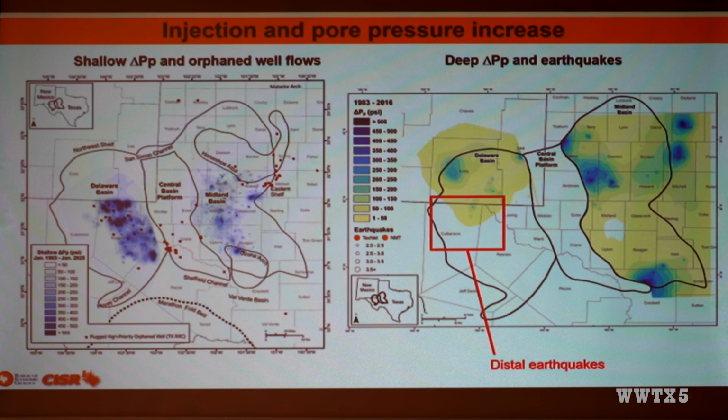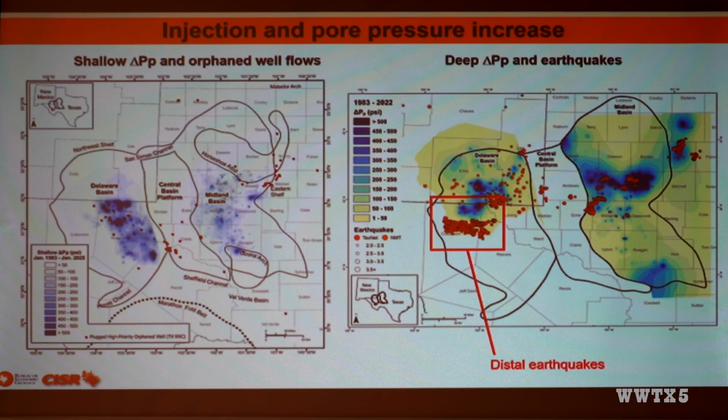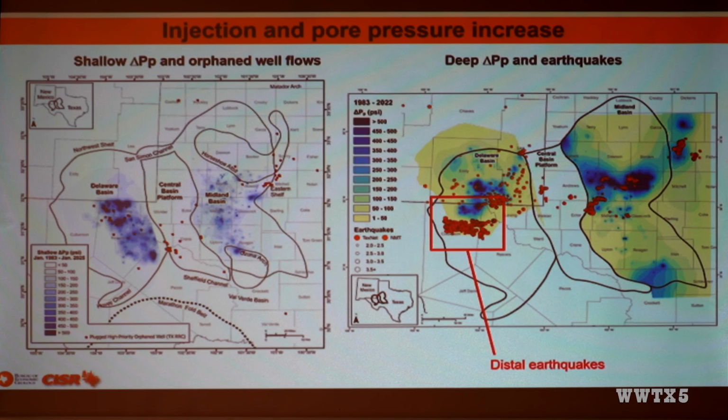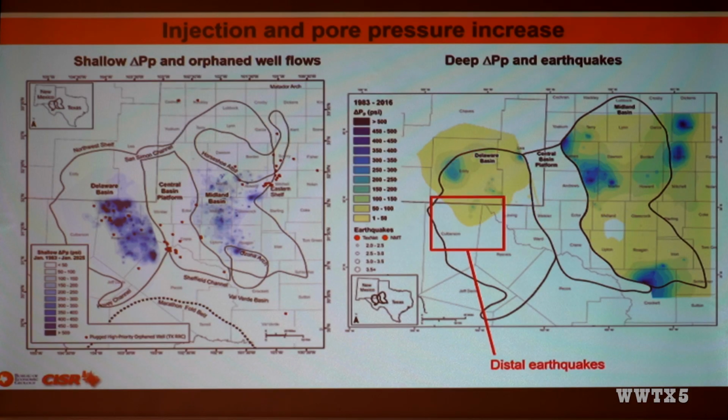Another problem in terms of understanding why we have earthquakes is what we call distal earthquakes, on the right-hand side. This is a deep formation. In blue, you see the pressure increasing through time. And all the earthquakes are at least 20 miles from the closest injection. So it's not very clear why we have that. You may have some fast pathway, some what we call poroelasticity, but it's not specific to the Permian Basin.